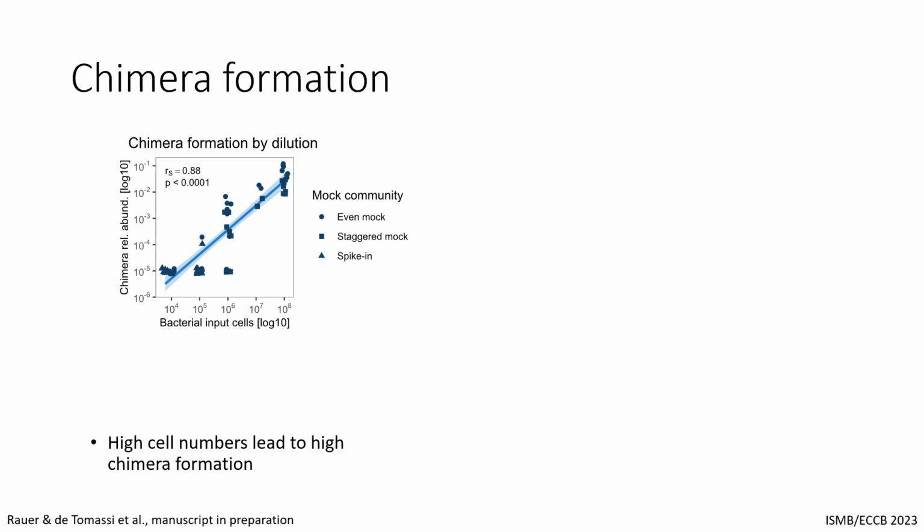This also allowed us to get our first result, which is on chimeras, which we identified as sequences that match 2 different mock taxa or more. Interestingly, the proportion of chimeras increased with higher input material.